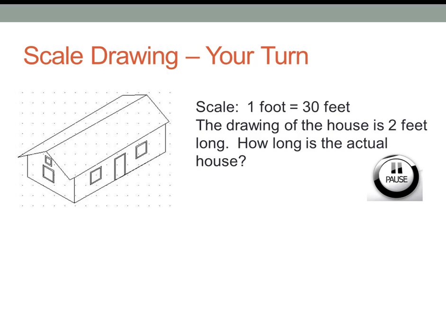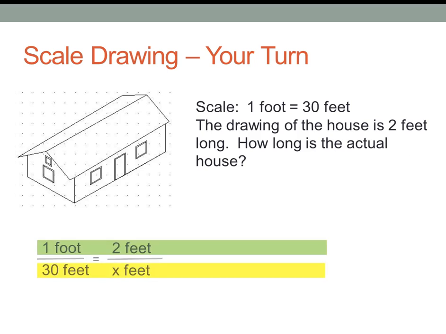All right, welcome back. So let's see how you did. So we have our scale factor, 1 foot to 30 feet. This is model, and this would represent actual. So that's our scale. We know the model is 2 feet long, so we need to find x. Here I'm going to find a relationship rather than cross product, because we just did cross product.